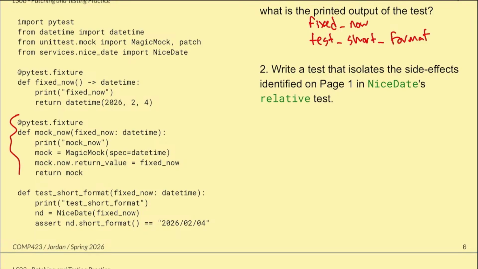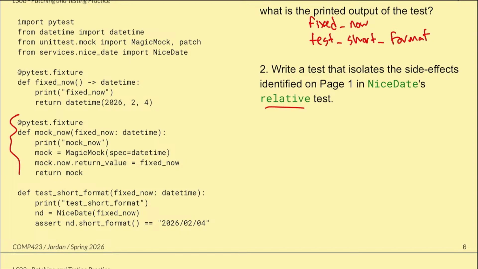So notice this mock is another fixture that your test for relative will use. And what's cool, another cool feature of fixtures is they can compose with one another. And PyTest is clever about figuring out this dependency graph. Behind the scenes, it's effectively making a directed acyclic graph, like you might remember from 210, goes all the way back to the root dependencies, starts spinning those up, calling those functions.